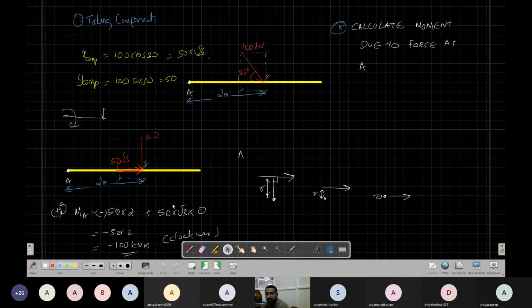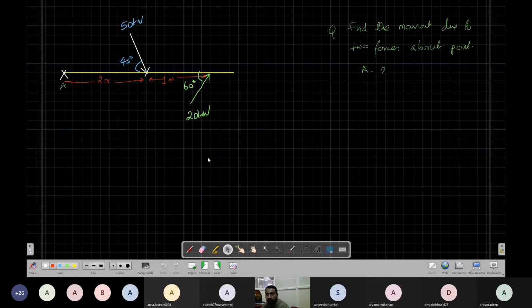If you want to see this method, I'll keep it here. If you have doubts, just unmute yourself and ask me. The easiest way is to follow the components.